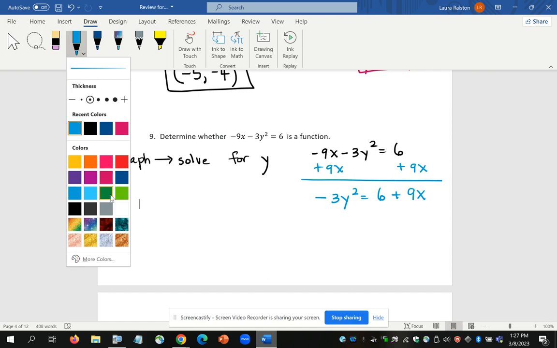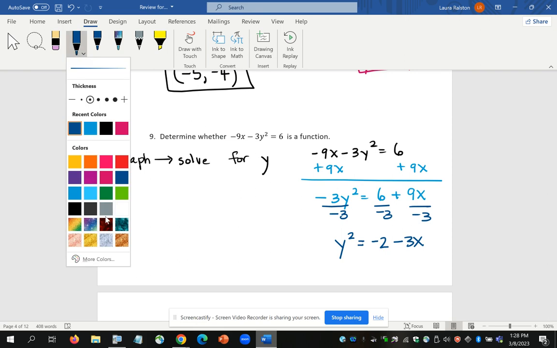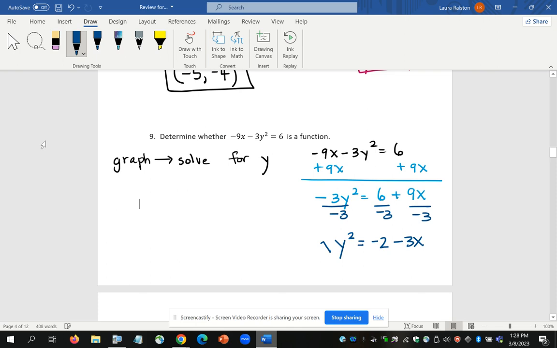Then I'm going to divide everything by negative 3. So I have y squared equals 6 divided by negative 3, which is negative 2, and 9 divided by negative 3 is negative 3x. And then I have to get rid of the square. So I would square root, let me get a different color.